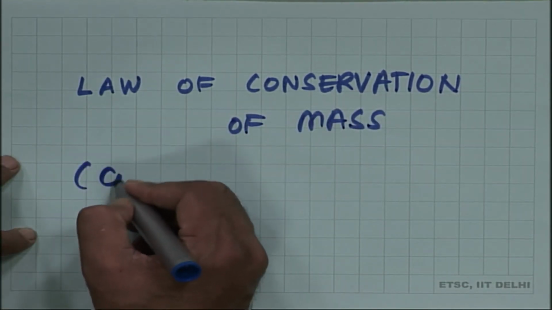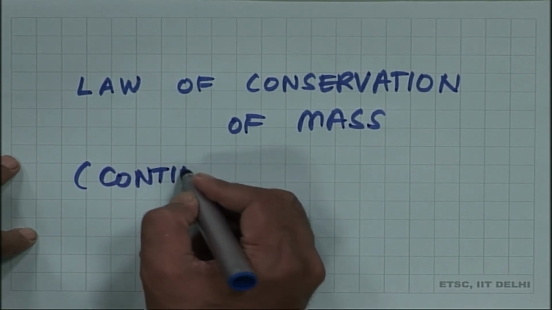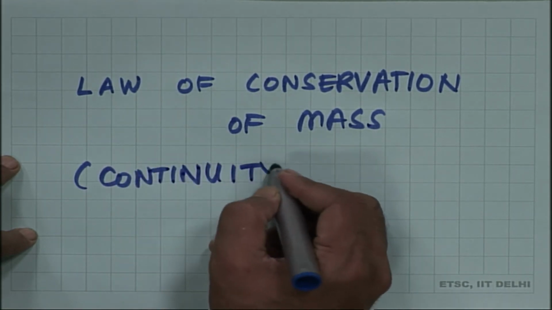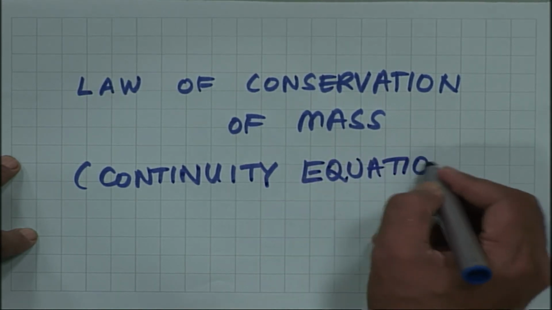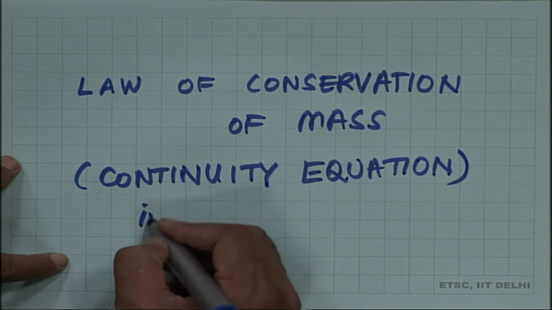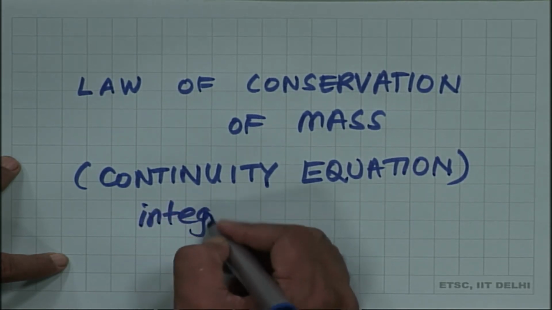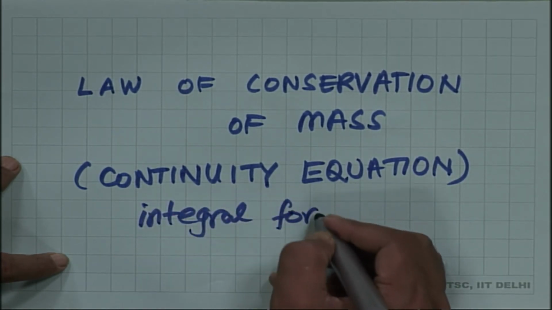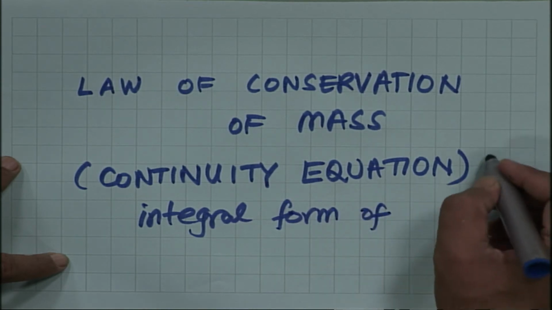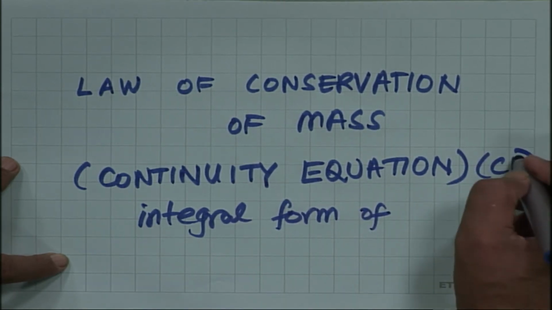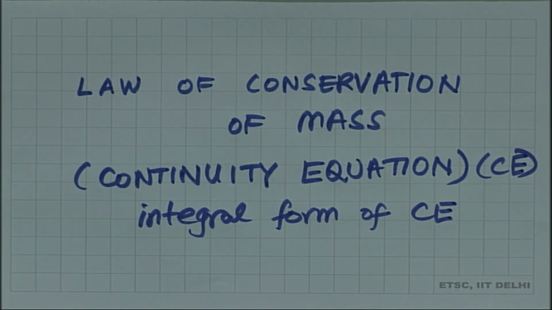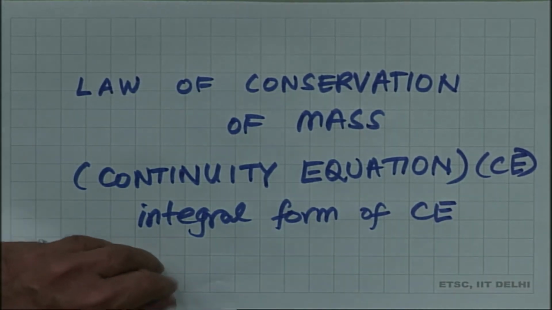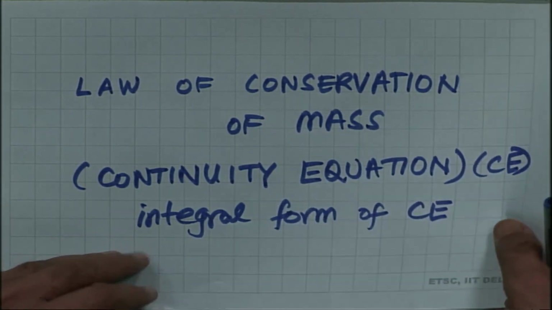And in fluid mechanics, this has also got a special name, it is called the continuity equation, and what we are looking at now is the integral form of the continuity equation. We sometimes use CE. So, we are looking at the integral form of the continuity equation, which is also the law of conservation of mass.